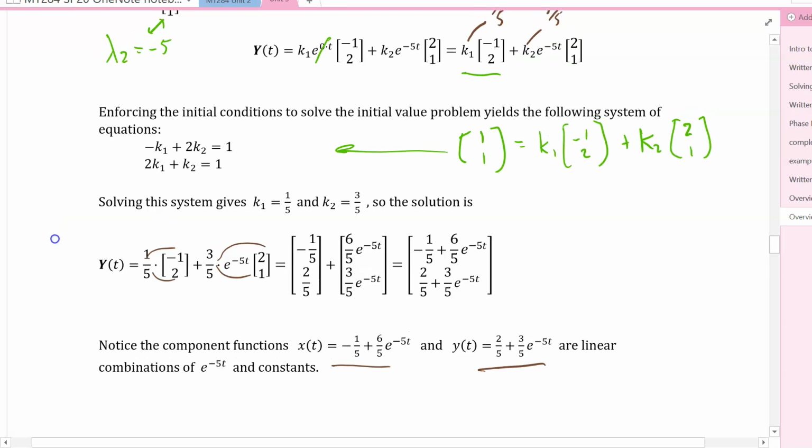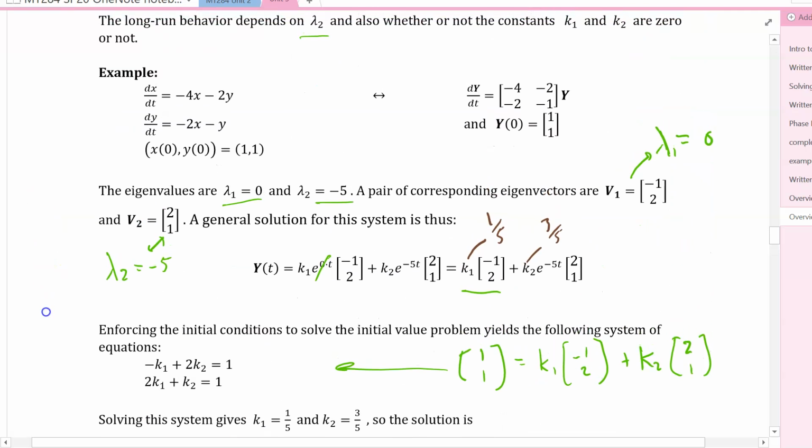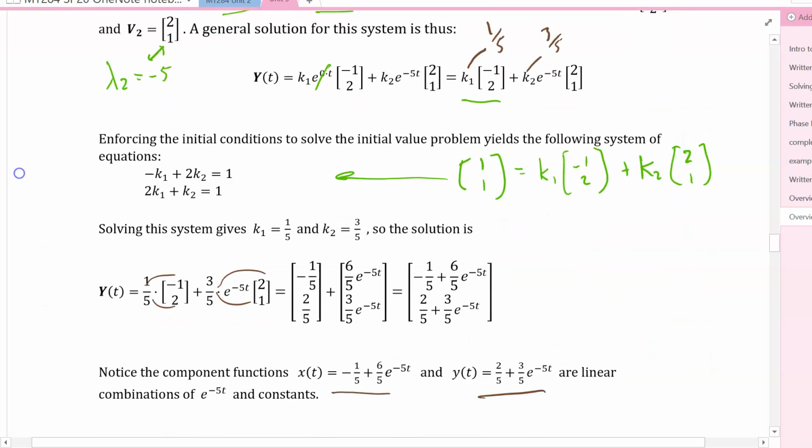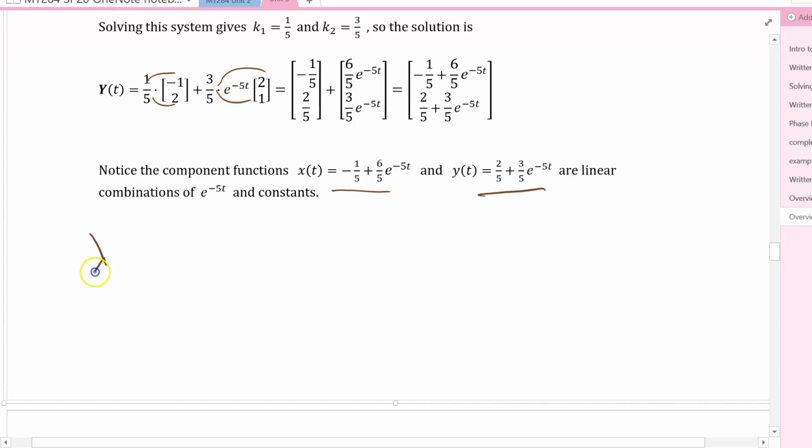One quick note I'm going to make for this particular example. If you went through and found the eigenvalue of 0, then looking at lambda equals 0, one of the corresponding equations we'd end up solving would be negative 4x minus 2y equals lambda times x.